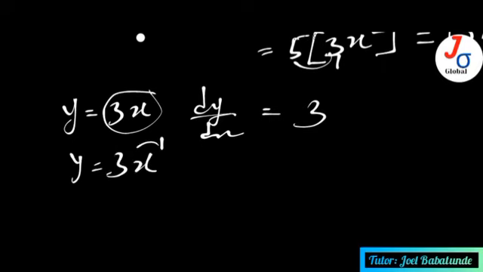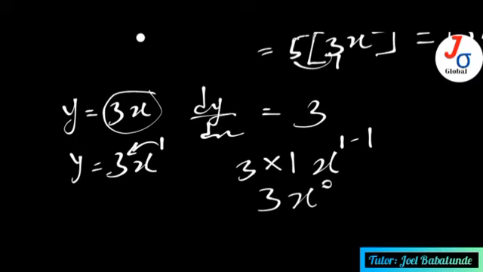If I bring 1 down, I have 3 times 1, then I have x to the power of 1 minus 1, because you have to take away 1 from the index. So you have 3 into x to the power of 0. Anything raised to the power 0 is 1, so you have 3. That's why you have it here.